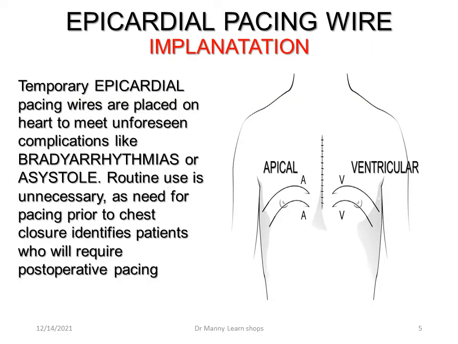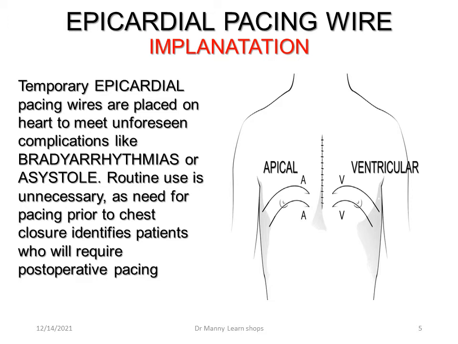Then you've got epicardial pacing wire implantation. Now, temporary epicardial wires are typically placed on the heart to meet unforeseen complications like bradyarrhythmias, bradycardia, heart block situations, or even asystole.